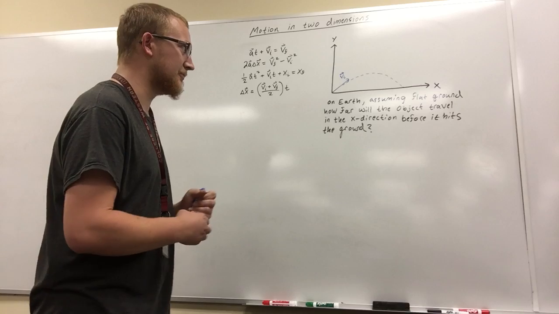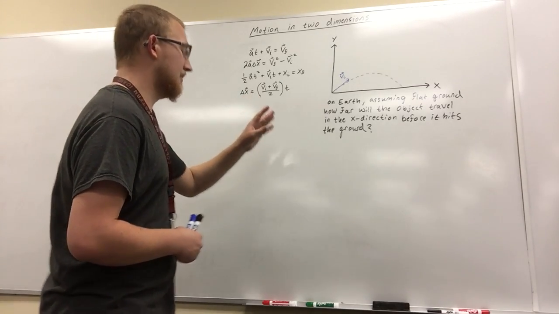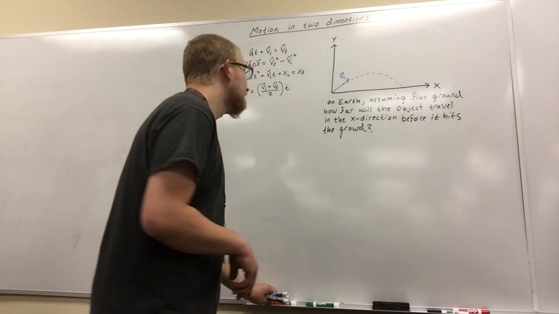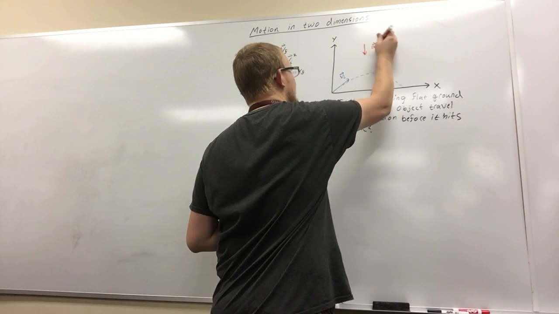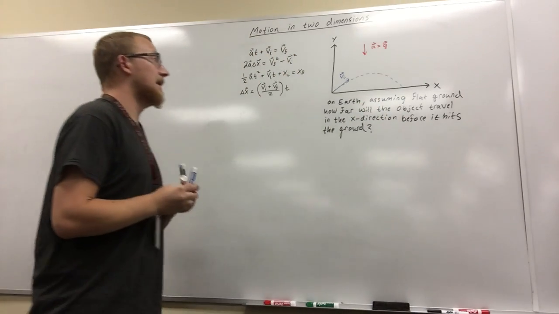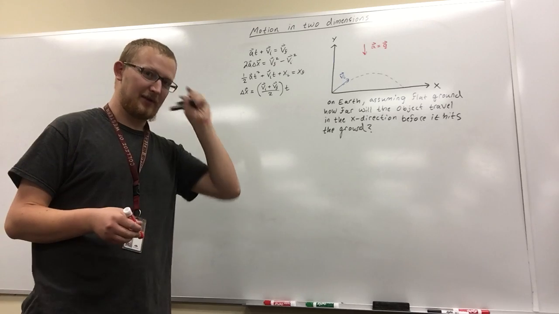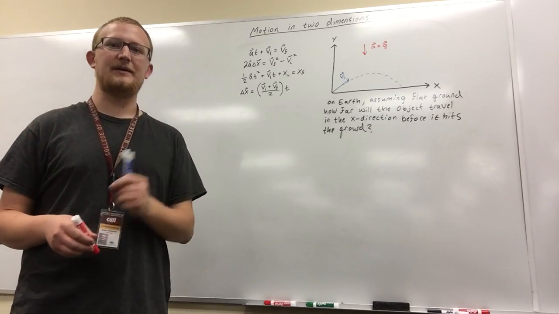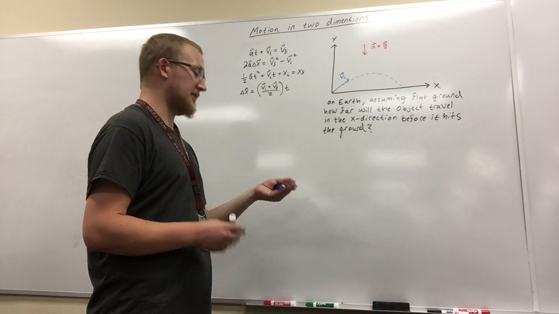So the idea here is that I've got gravity pushing down everywhere with an acceleration equal to g. And you'll notice here that one of the most important things in a problem like this is to pick your orientation. It's really totally up to you.